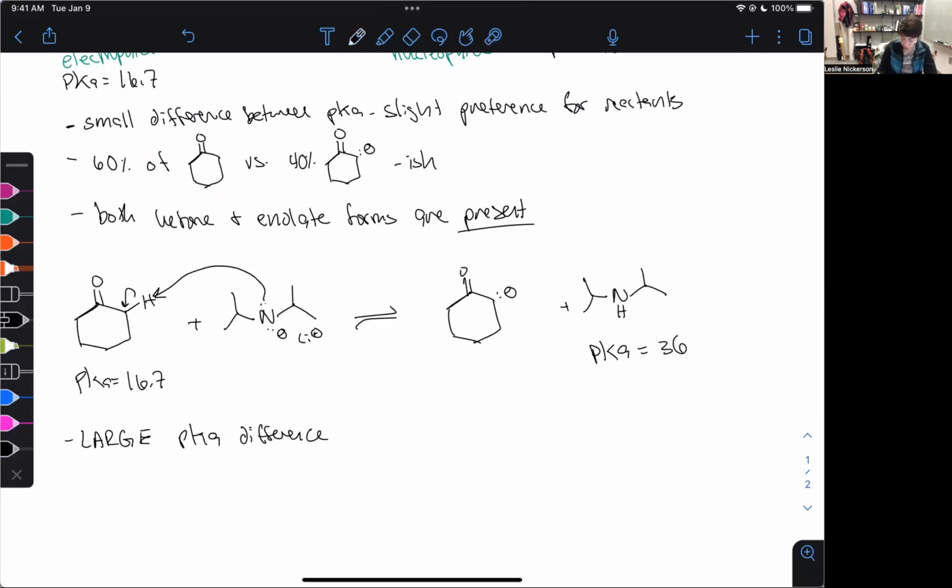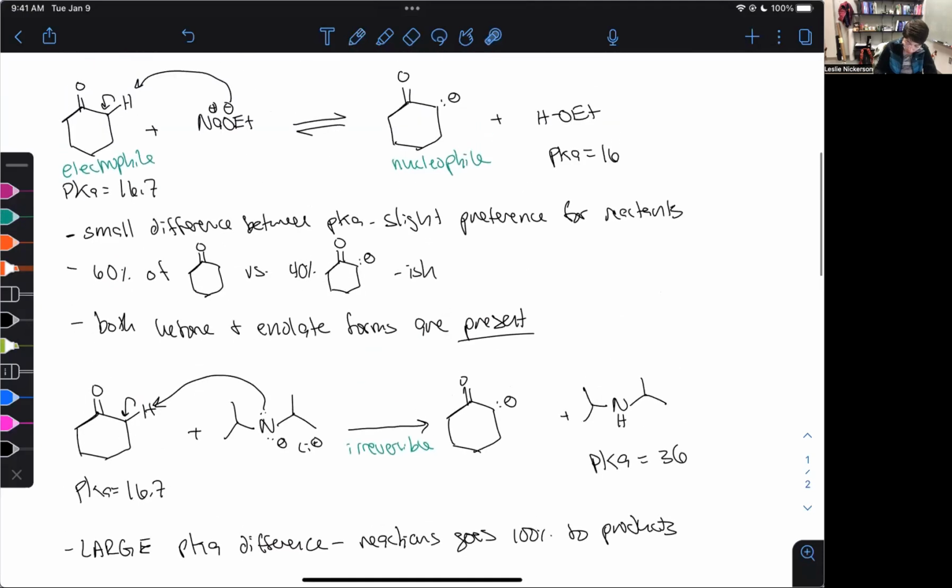So with that really, really large pKa difference, products are heavily favored. I really should change this arrow to be like this, noting that this is now an irreversible step.